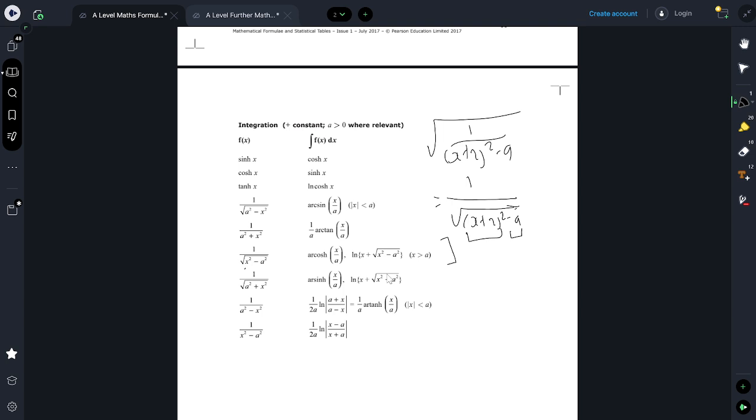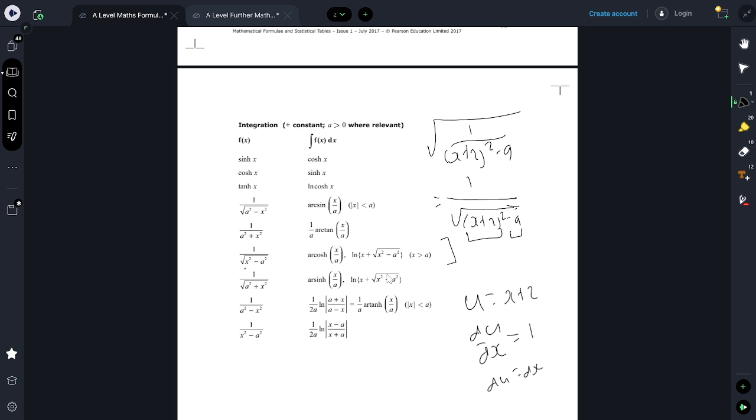You might be inclined to use perhaps the u sub, where u would be x plus 2, right? However, if you differentiate it, du by dx would be 1, so du would be equal to dx. Essentially, it would be exactly the same. We wouldn't change the integral at all.